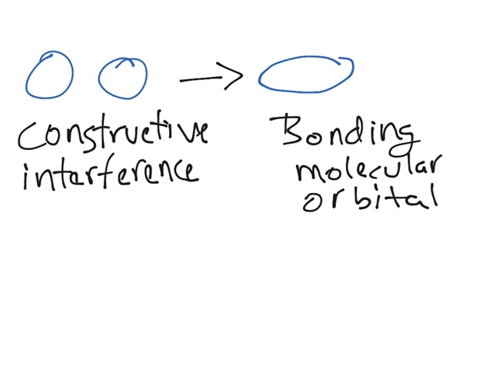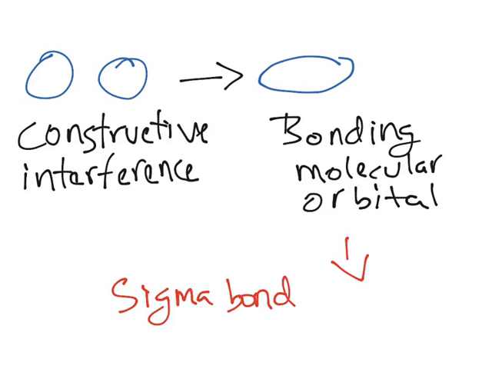Which is also called a sigma bond. Which is represented with the sigma sign. So it's not the best drawing. It looks something like that.